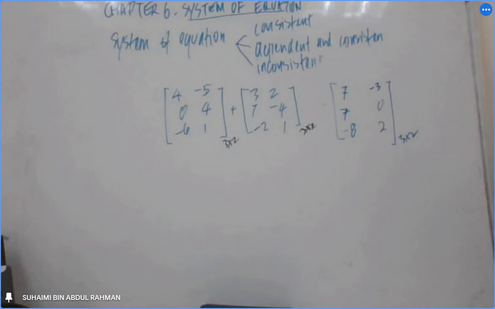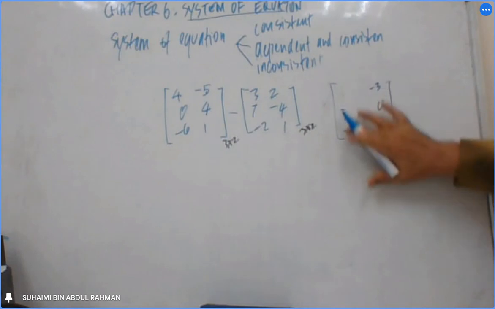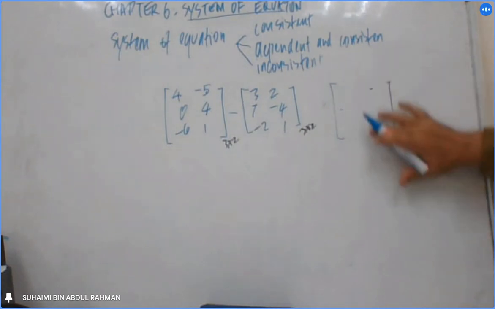So remember that we have theorems on matrix properties. If A, B and C are m times n matrices, and 0 is the m times n zero matrix, then A plus B equals B plus A. For subtraction of matrices, you just subtract. So we have different values.